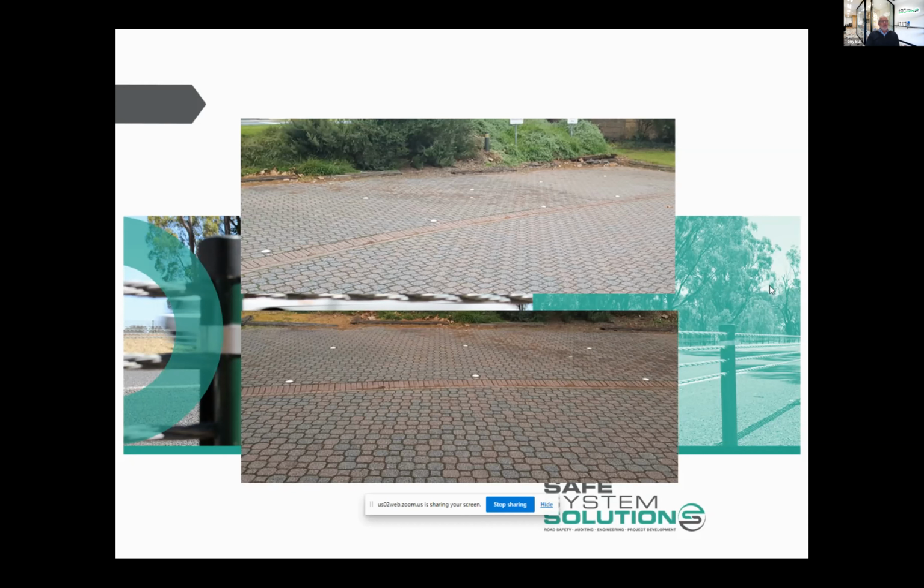This was a car park at the VicRoads Warrnambool office, and they had dots just to depict the spacing to park. When you look at it, it was always in my mind, and most people's minds, probably meant to be 90-degree parking, but it could have been seen as 45-degree parking.